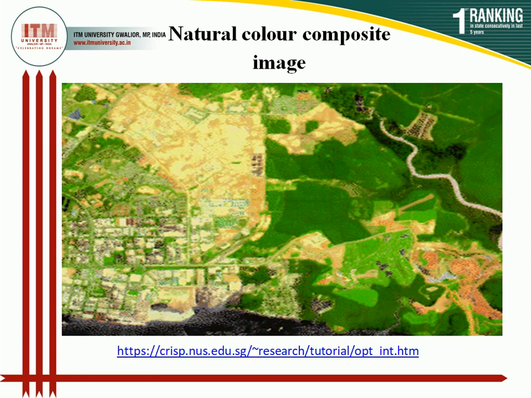There is a confusion that true color composite and natural color composite are similar, but both are not similar. There is a variation. Basically the images are taken in red, blue and green bands, but if a particular primary color band is missing, then it is substituted by a near infrared band, short wave infrared band, or microwave band, and then it is considered a natural color composite.